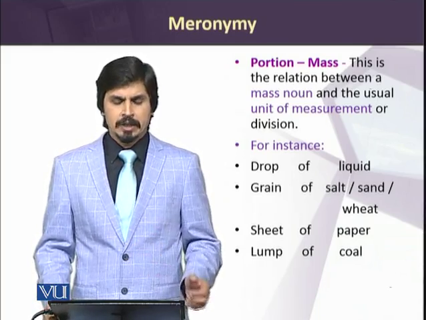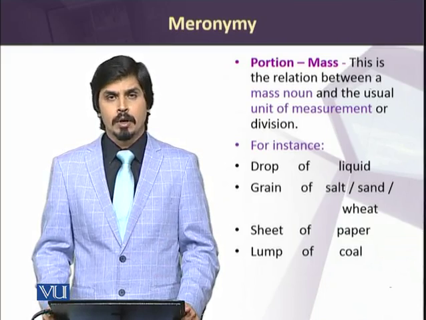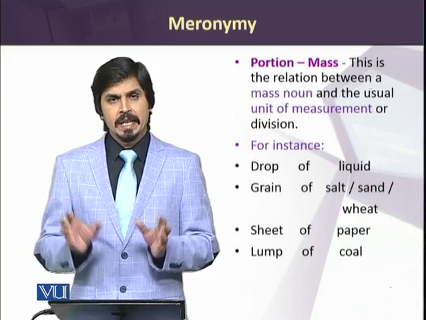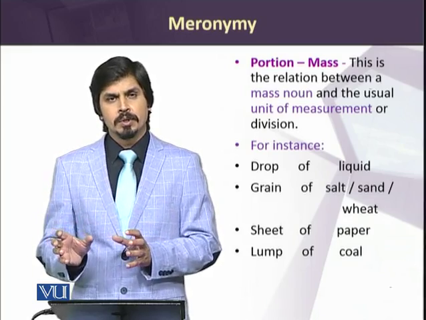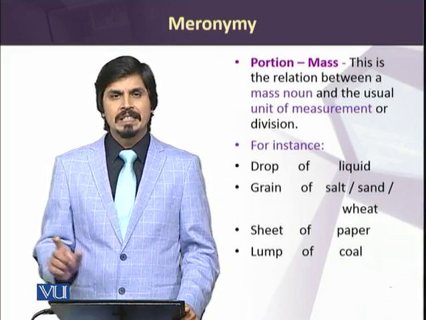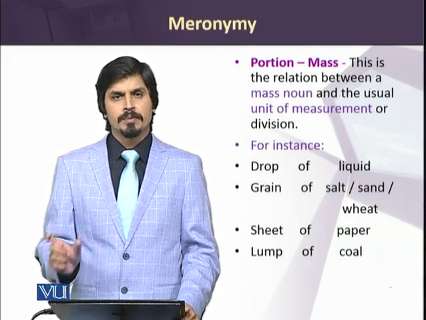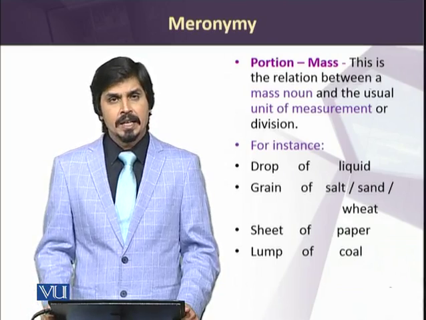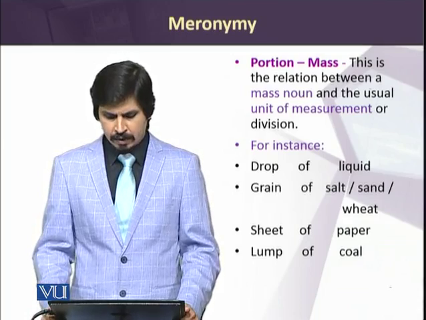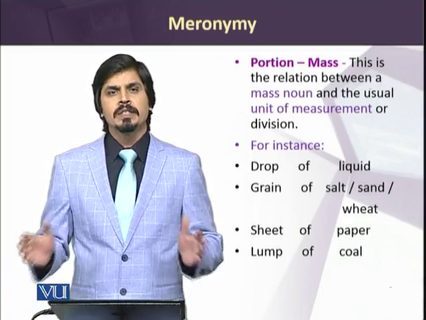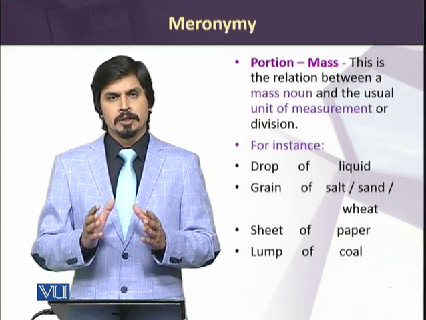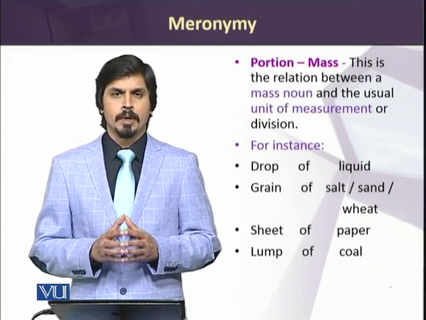And similarly, other examples can be grain of salt, or grain of sand, or wheat. So grain is a unit which may be used to measure wheat or sand or salt. So there is a relationship of part and whole between grain and wheat. Similarly, we have sheet and paper, we have lump and coal. So all these relationships overall help us in understanding this important lexical relationship of meronymy.